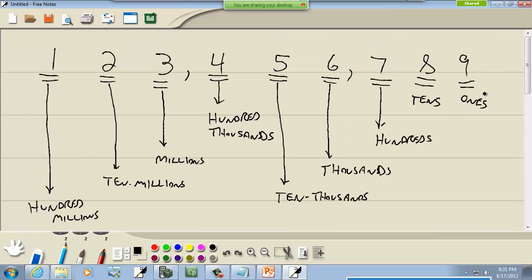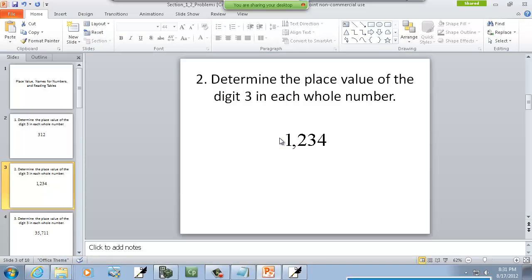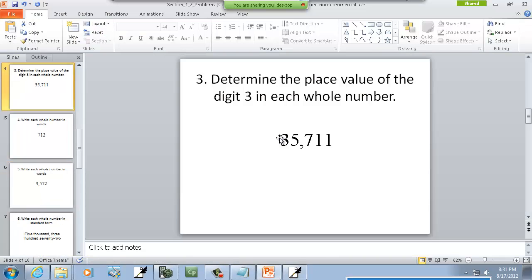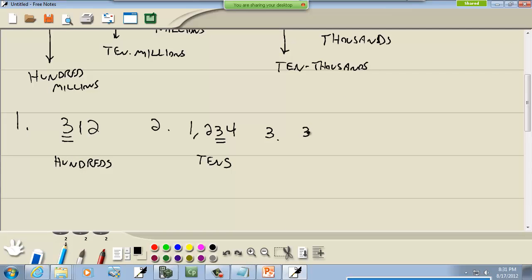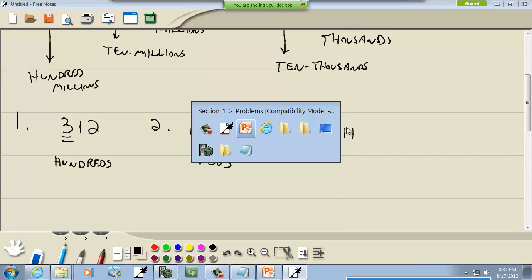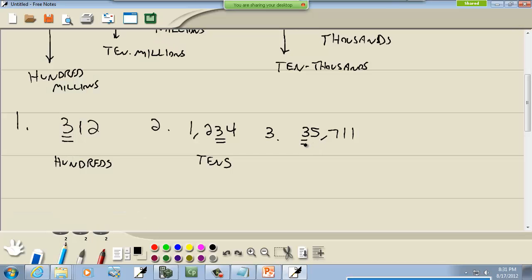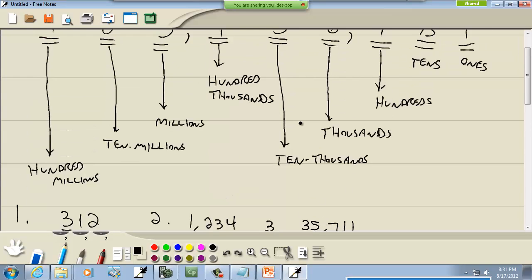So second from the right looks like it's the tens place. So that's the tens. Let's see, 35,711. Okay, determine the place value of the digit 3 again. So it's right here. Well, if I go up, that's the 10,000s place.